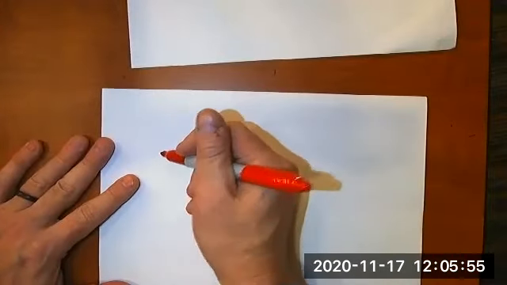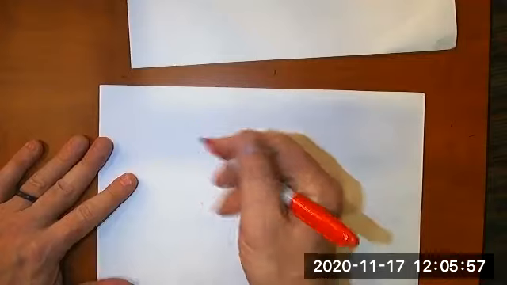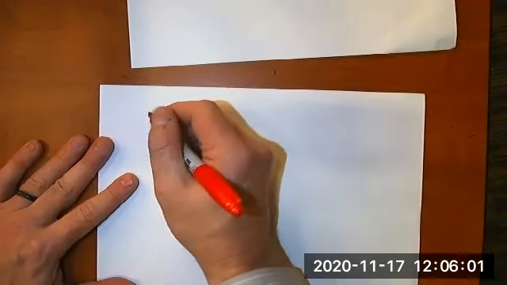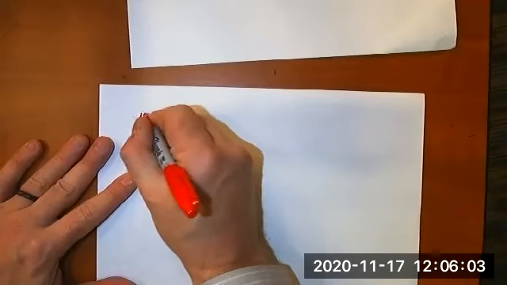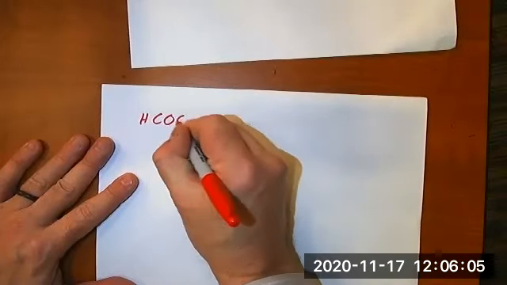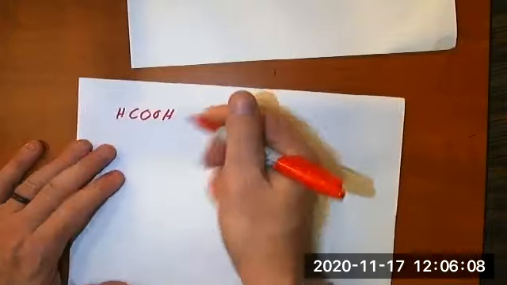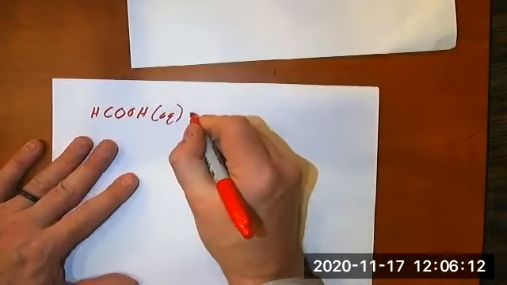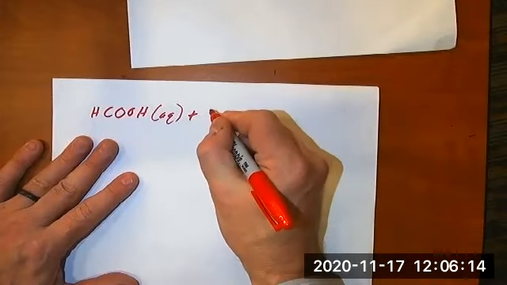For any acid-base reaction by the Bronsted-Lowry definition, we have a proton donor and a proton acceptor. So let's say we have HCOOH, which is formic acid, and we write down its standard acid reaction.